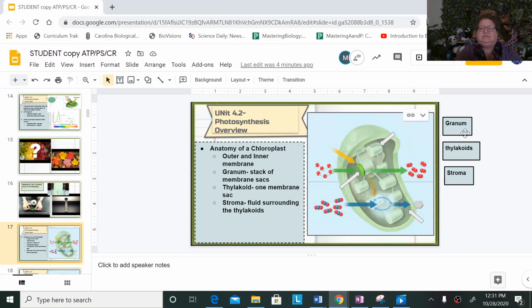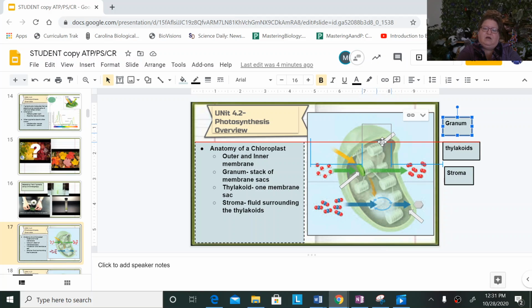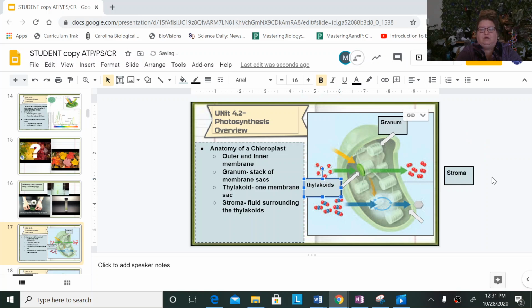We have a stack of membranes called the granum. And that stack is going to be made of individual thylakoids. Now, that's just the weirdest word. Thylakoid would be just one. So notice in our diagram, they've highlighted one thylakoid green, and then the rest are in the granum.